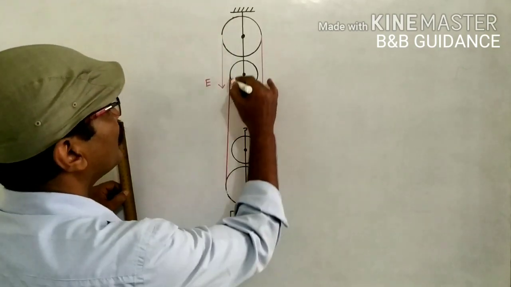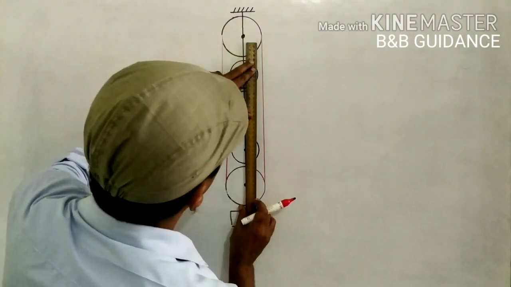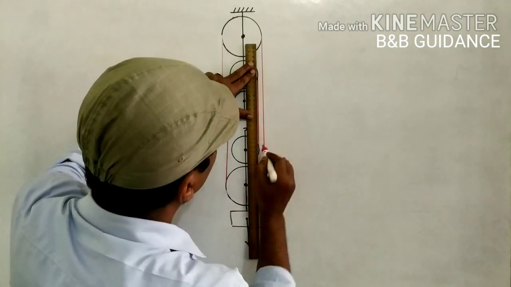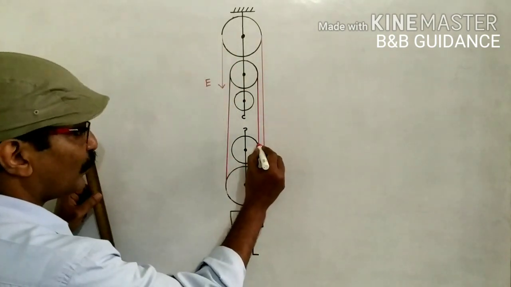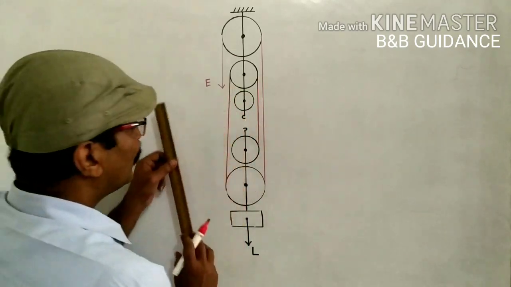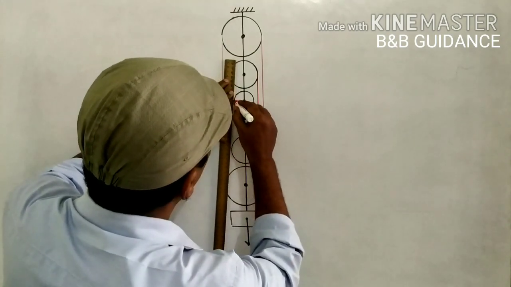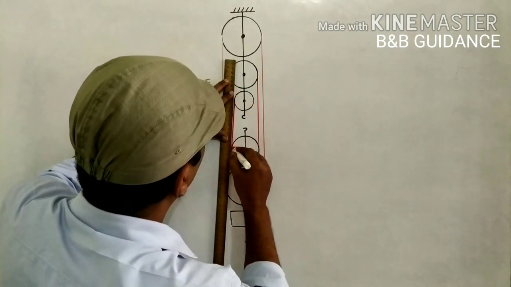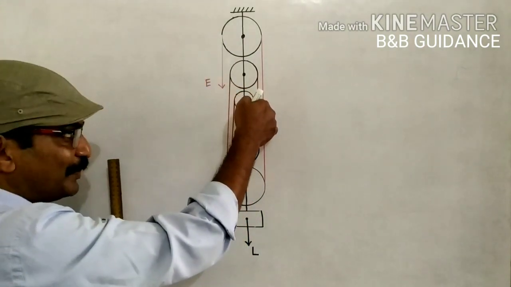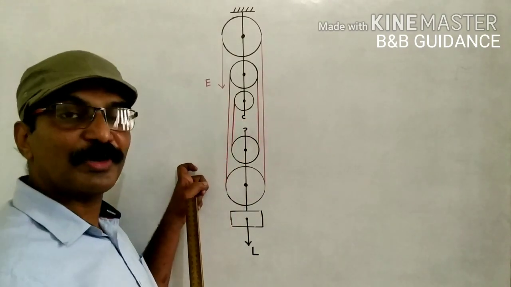Well, reach it here. From there, from upper block to lower block. Well, from lower block, rope passes over this and then go to upper block. Okay, from upper block, we must go to lower block. But in the lower block, no more pulleys are there.